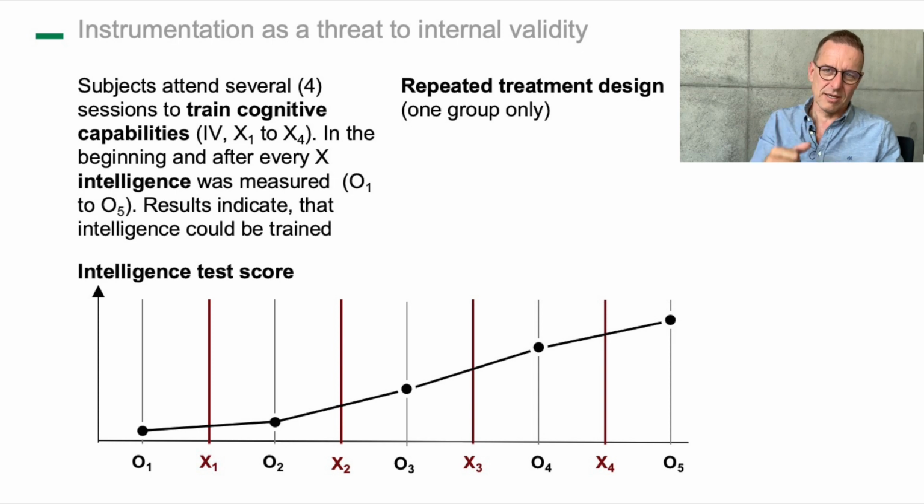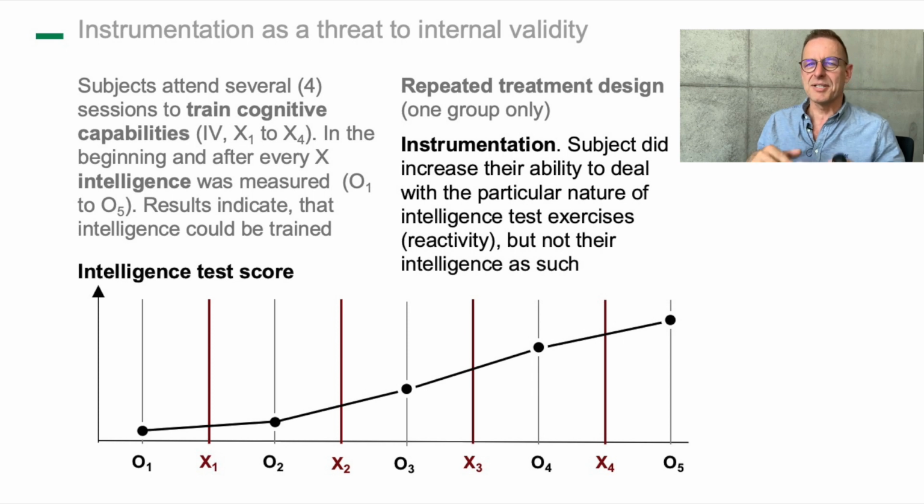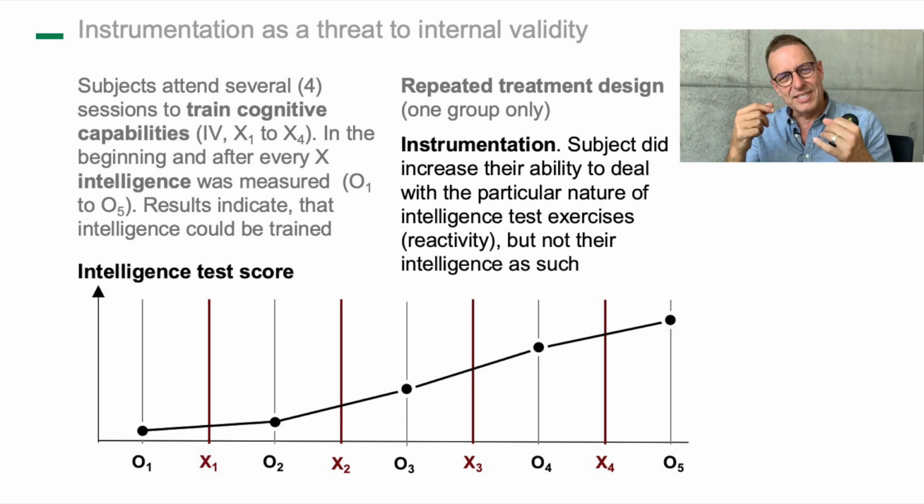What they increased is their ability to deal with this particular nature of intelligence test exercises. They got familiar with this kind of questions they are asked, with this kind of puzzles they have to solve. They got trained on this particular way of dealing with intelligence tests. So what changed was not their intelligence, but the way how they react on the intelligence test.